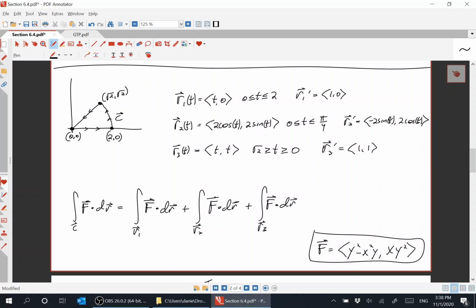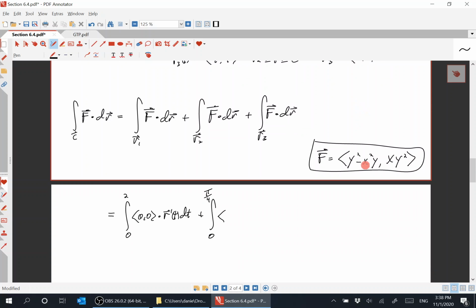2 cosine t, 2 sine t. So the x is cosine, the y is sine. So this becomes 4 cosine squared t plus 4 sine squared t, minus 8 cosine squared t sine t, comma, x is 2 cosine, and this is 2 sine.